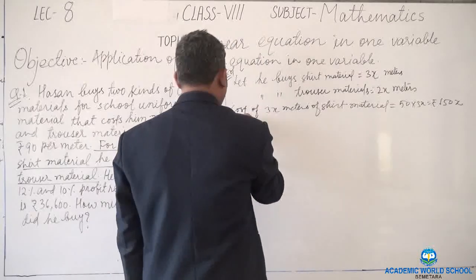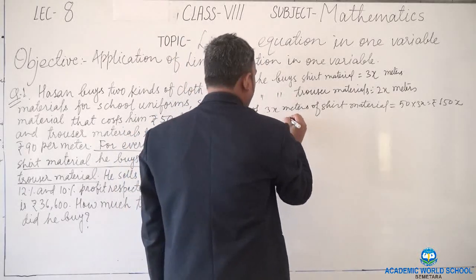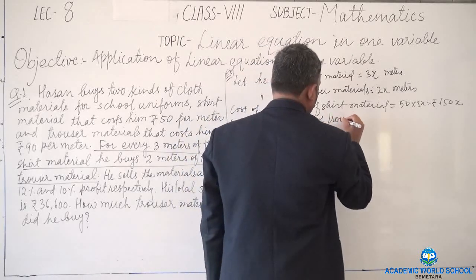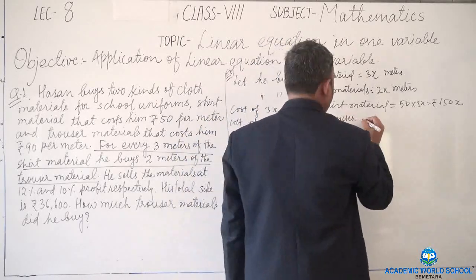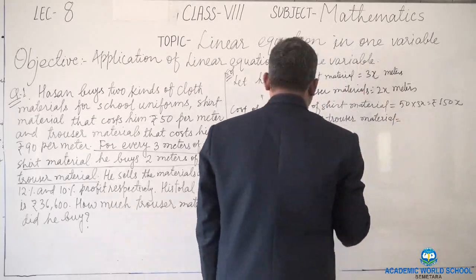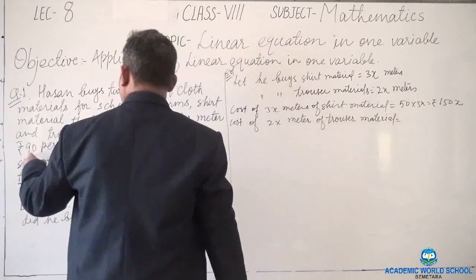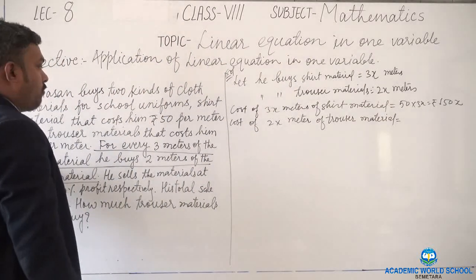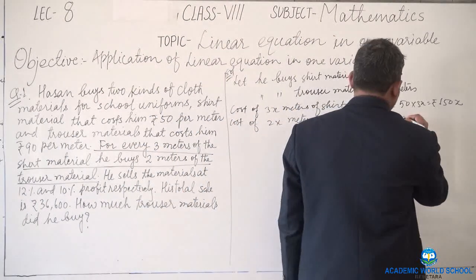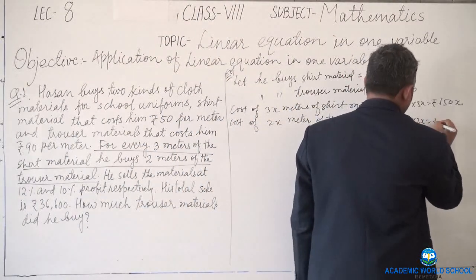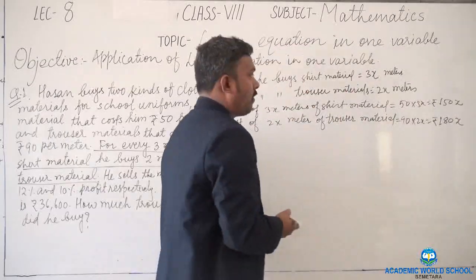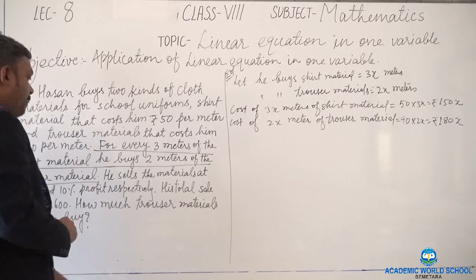Same, cost of 2x meter of trouser material, cost of 1 meter is 90 rupees, so cost of 2x meter is 90 into 2x, which is rupees 180x, right?